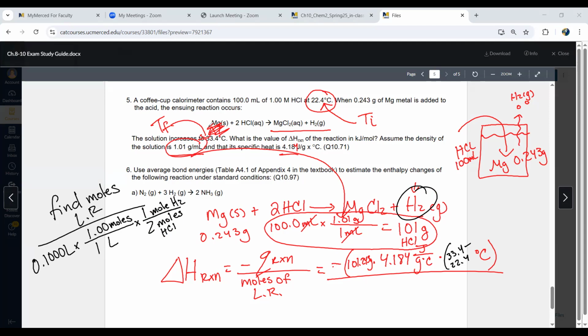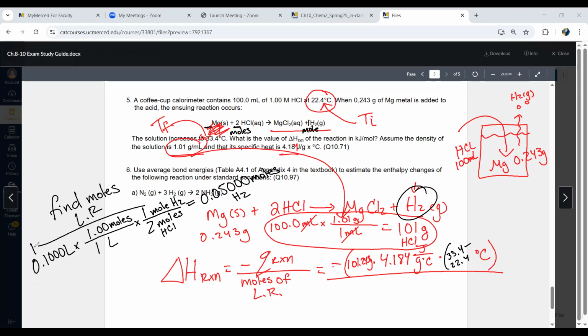And that comes from the balanced chemical equation, right? There's 2 moles of HCl for every 1 mole of H2. Okay, so this value is going to be 0.05000 moles of H2 if we were to use all of the HCl.